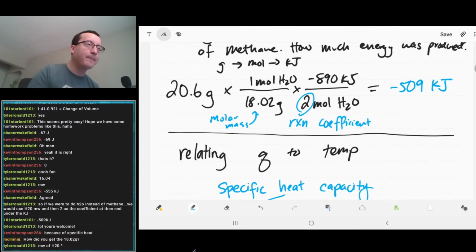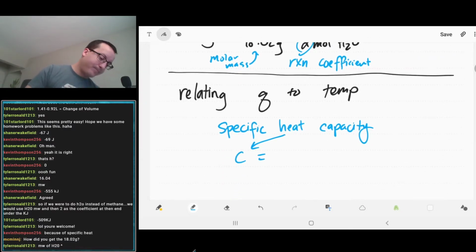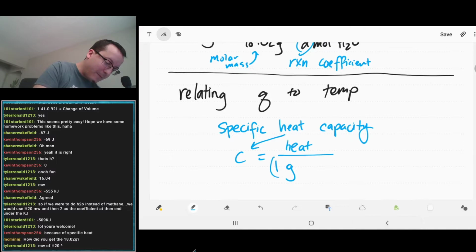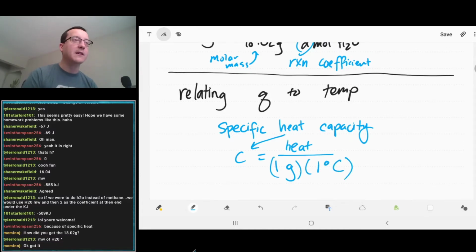It's going to be the heat over the mass, and it's for 1 gram to change 1 degree Celsius.